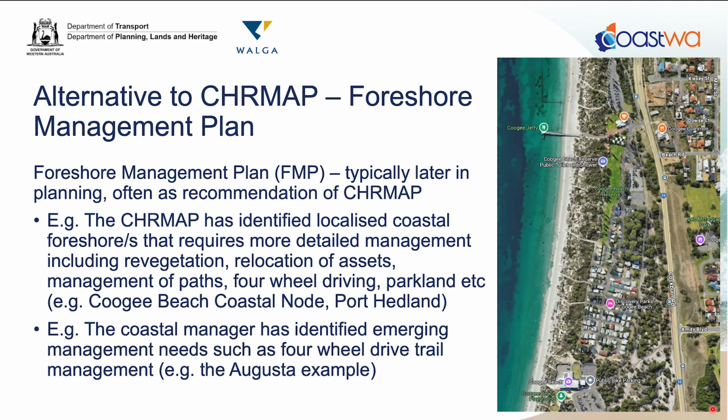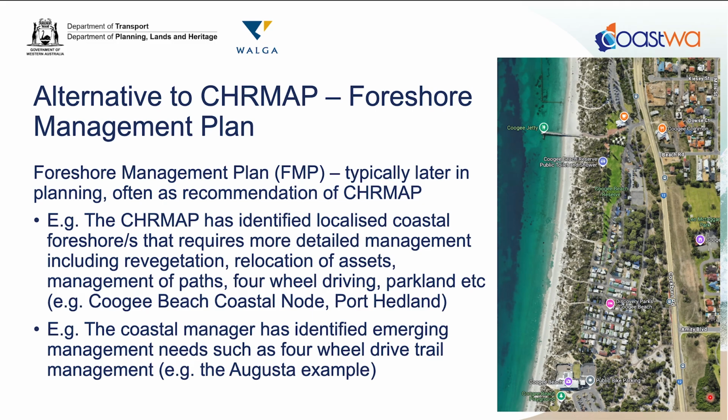Next up is a foreshore management plan. So foreshore management plan or similarly named thing, foreshore master plan, land use master plan, management plans, all sorts of names. Typically later in planning, so much more often as a recommendation of the CHRMAP now, although we used to do foreshore management plans or foreshore master plans quite commonly before CHRMAPs existed, and they dealt with the same elements.